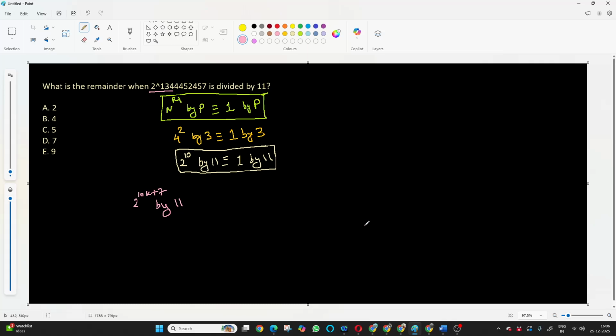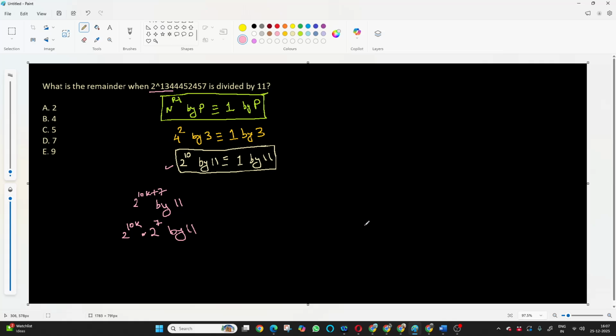Now if you break this, 2 to the power 10k and then the second term becomes 2 to the power 7. So there is a product, 2 to the power 10k multiplied by 2 to the power 7, divided by 11. We've already seen that 2 to the power 10 yields a remainder of 1.